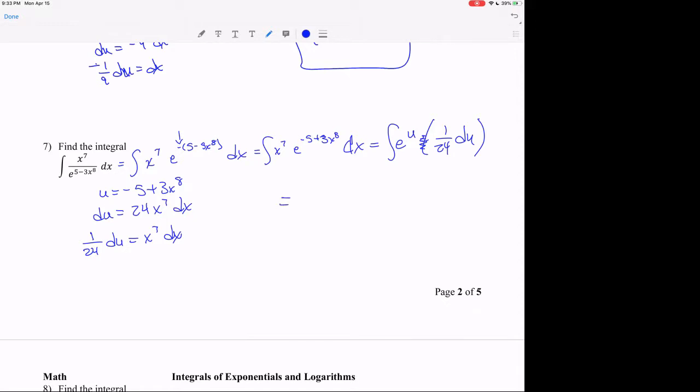So that equals 1 over 24 e to the negative 5 plus 3x to the 8th plus c. I just did multiple steps at one time. You would have a middle step here of 1 over 24 e to the u plus c. Then you go back to your original variable.